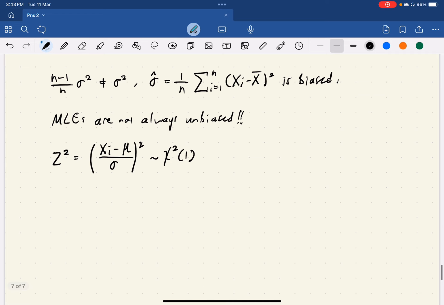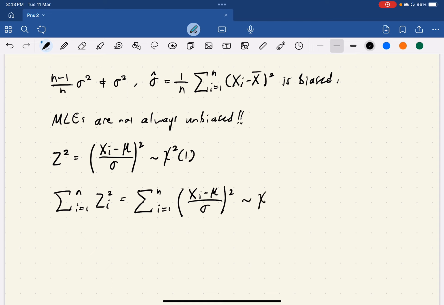Okay, now if we do the same with the sum of i equals 1 to n of z_i squared, where we insert back the original random variable z here, this will be chi-square with degree of freedom n.